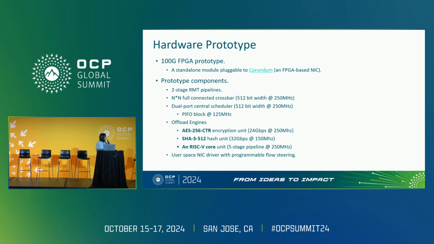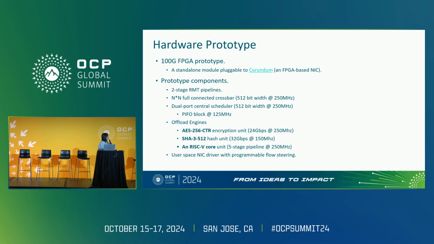And we built our hardware prototype, which is a 100G FPGA prototype. PANIC currently is a standalone module that is pluggable to an open source FPGA NIC called Corundum. In our prototype, we contain the following components: the two-stage RMT pipelines, and the interconnect. Currently, we choose the fully connected crossbar, but we also support other types of topology, like butterfly.